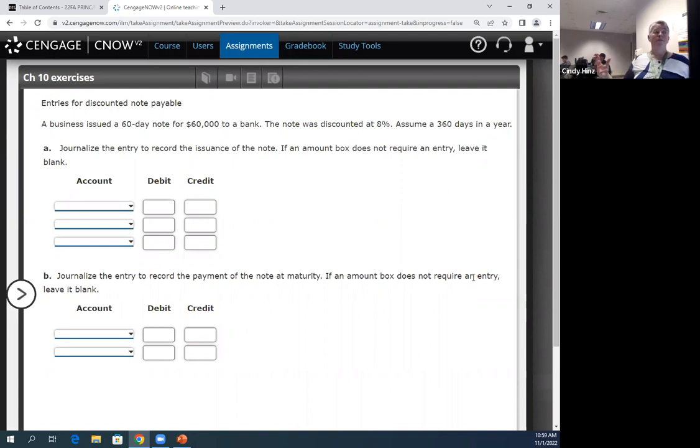You want to receive that full face value. If you're the lender, it's a better deal for you to discount that interest, because essentially the borrower is paying interest on the full $60,000, but never receives the full $60,000. So you're paying interest on more than what you received. It makes your effective interest rate a little bit higher. Good for the lender, not good for the borrower.